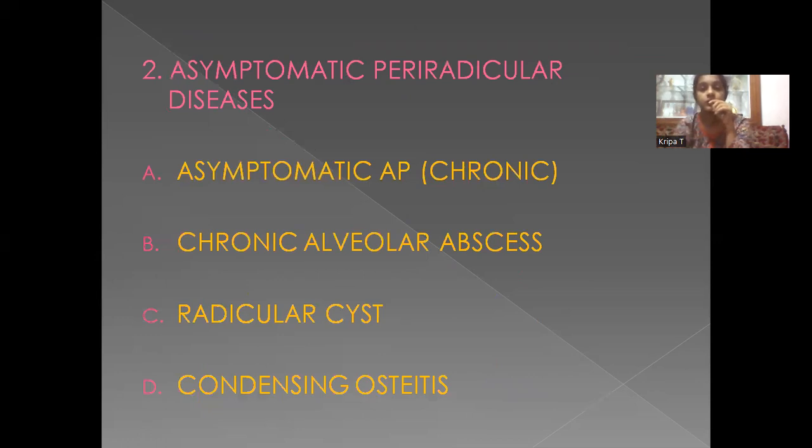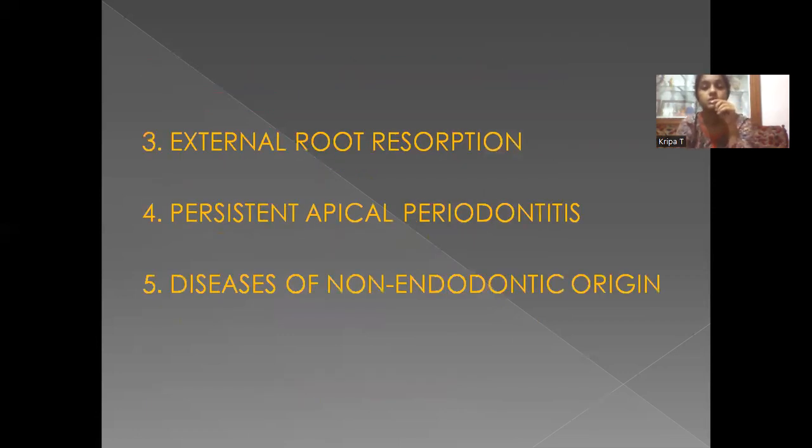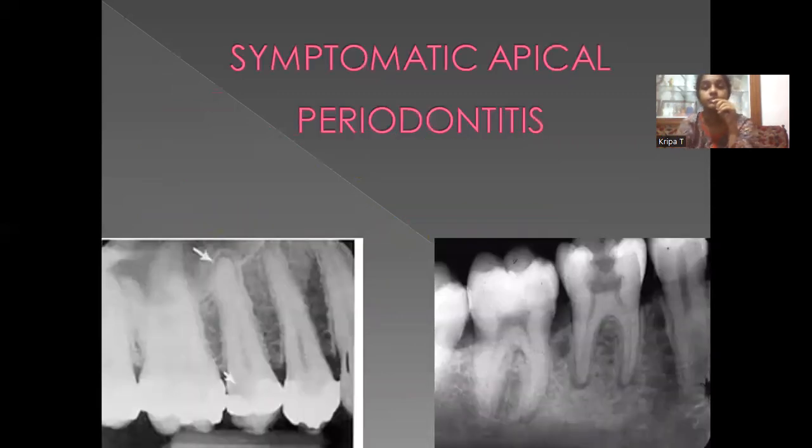Asymptomatic periradicular disease is subdivided into chronic abscess, chronic apical periodontitis or asymptomatic apical periodontitis, radicular cyst, condensing osteitis, external root resorption, persistent apical periodontitis, and also diseases of non-endodontic origin.